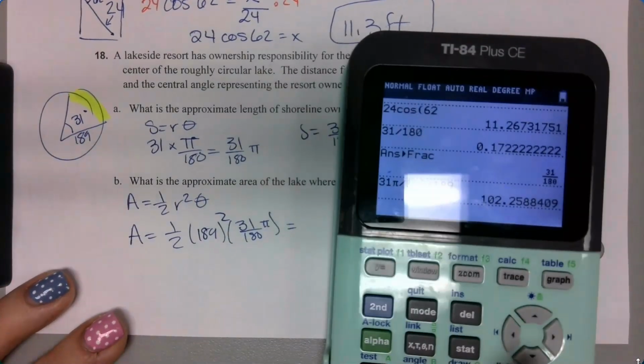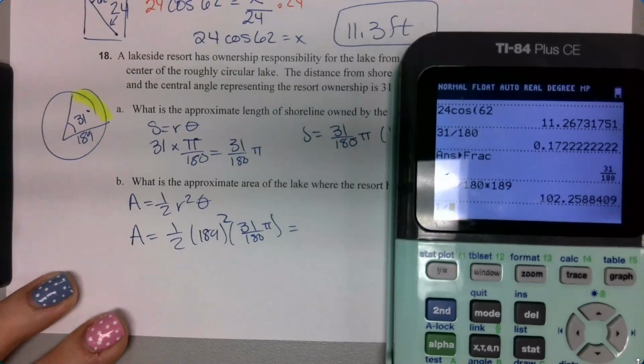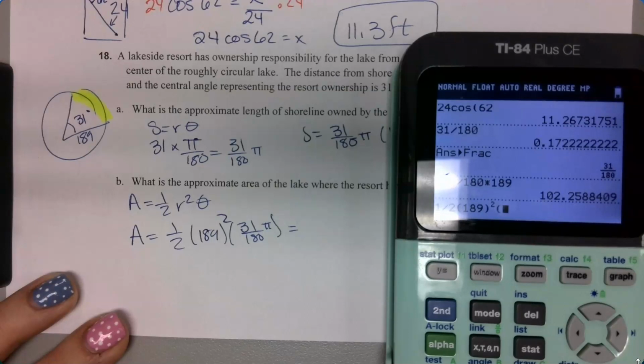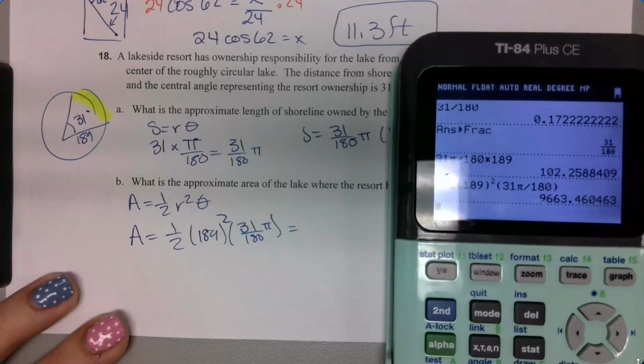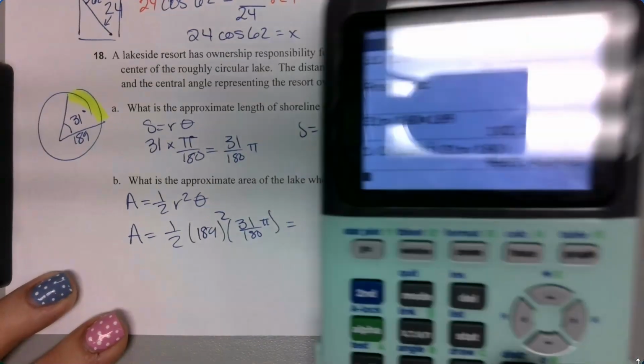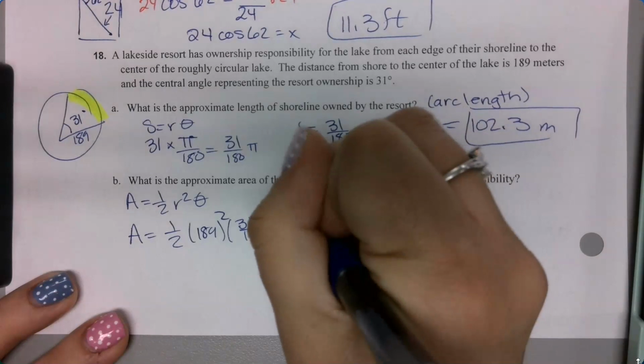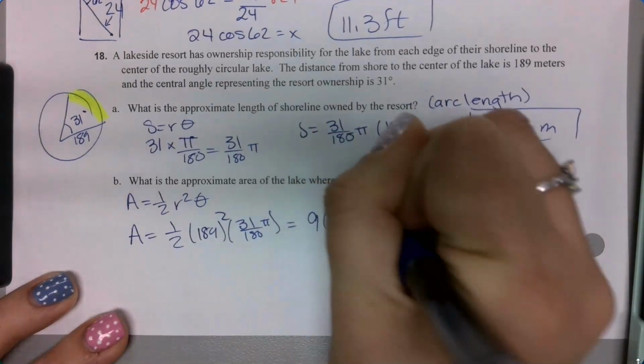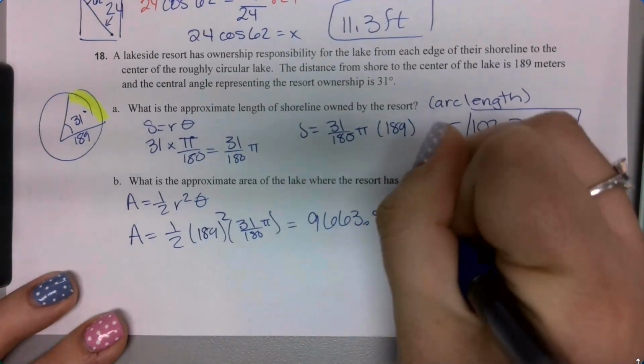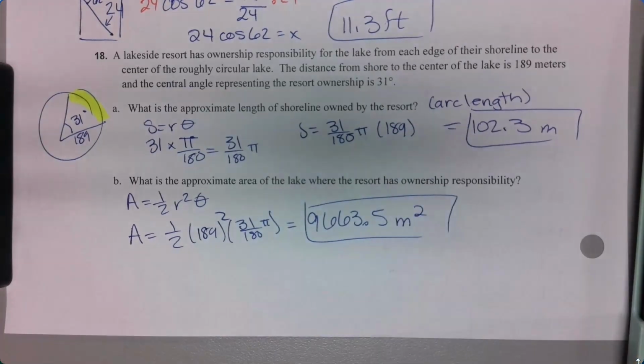So then I just want to type that into the calculator. Which gets me 9,663.5 meters squared. Remember, area is always squared.